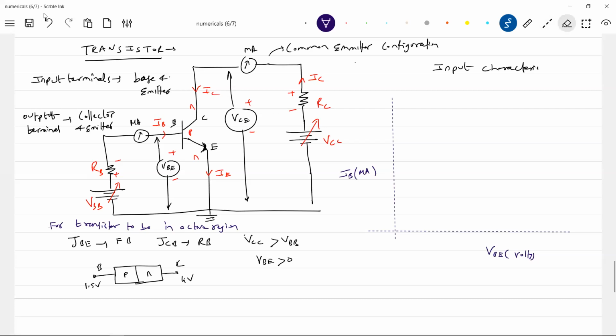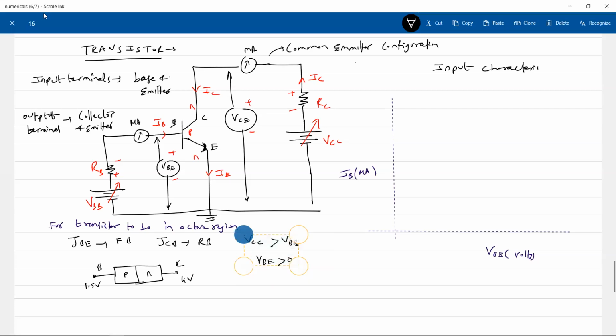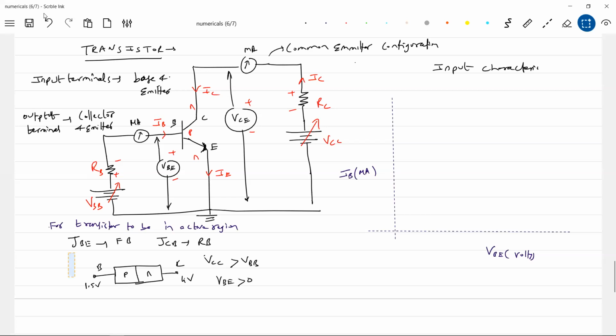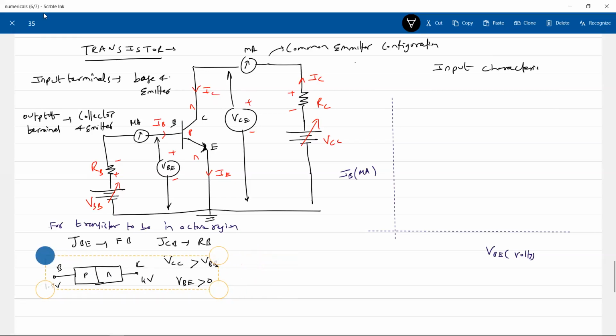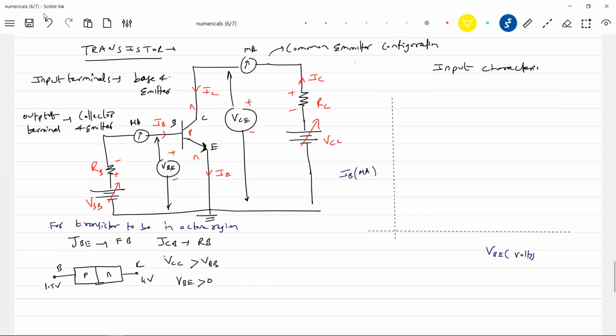For the transistor to be in active region, all these are the basic conditions. They may trouble you in exams with data like this. You have to be very careful. Please do understand the methodology here. It will be very easy for you.